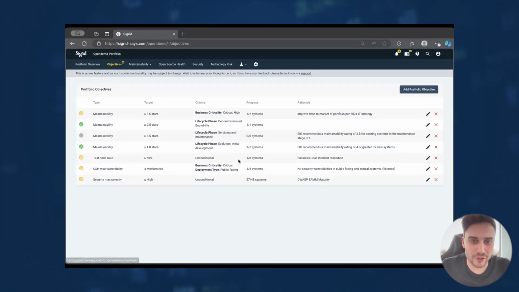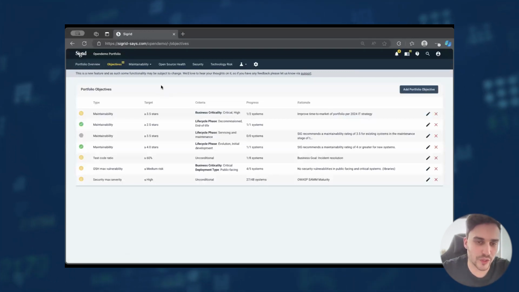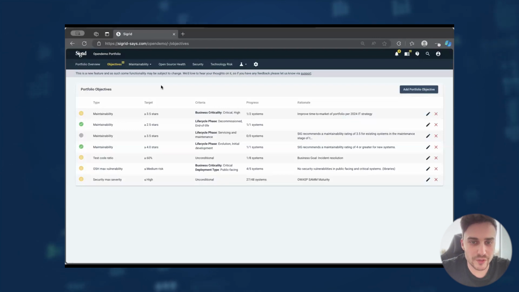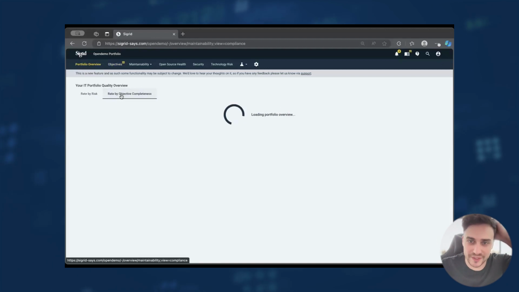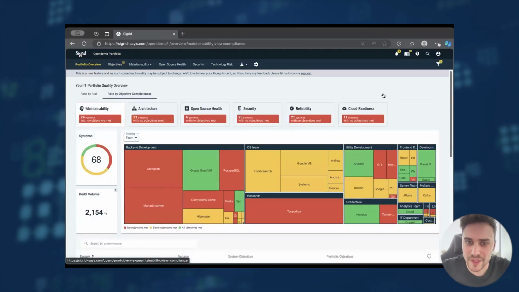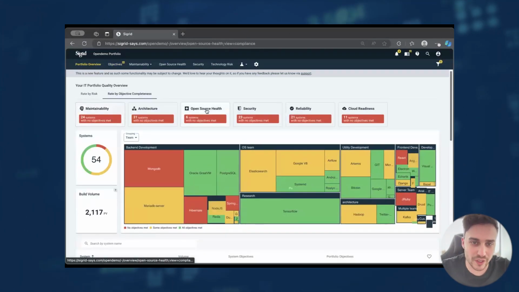Let's see, currently it is not possible yet to drill down here. That's because we are rolling out this feature little by little. But if you want to know what systems are adhering, you have to go to the portfolio overview, rate by objective completeness, like I showed before, and then go to the open source health tab.